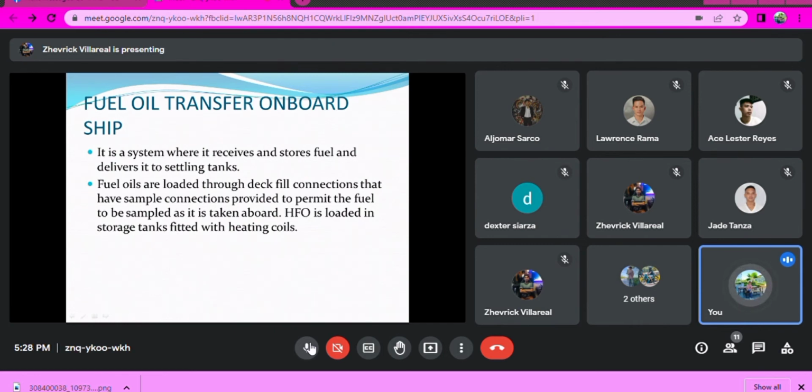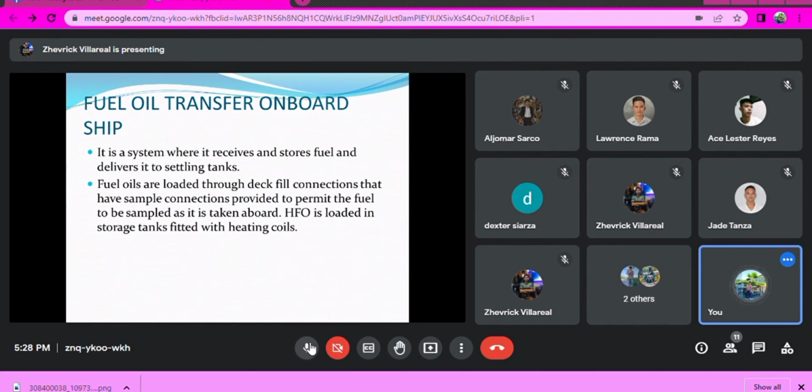HFO is placed in a storage tank fitted with heating coils. In preparation for use, each fuel oil is transferred to the fuel oil settling tanks via the transfer pump, which is equipped with a suction strainer.